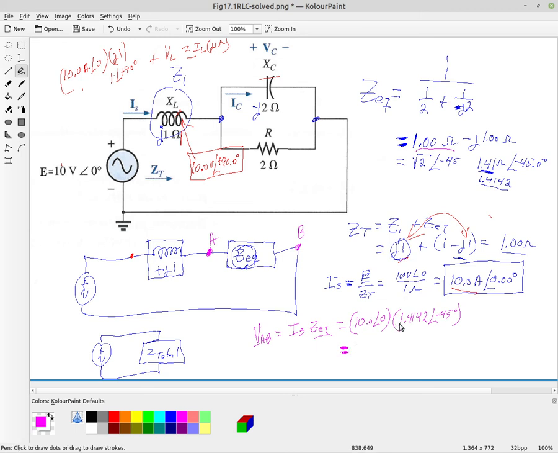If we calculate that, we got 10 amperes times 1.4142 ohms, which is going to give me 14.1 volts at an angle of minus 45 degrees. So I got 14 volts across this capacitor now.